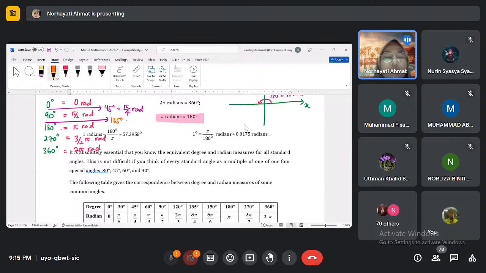Okay, 135 degree is equal to, maksudnya sekarang ni pi tu setengah tu, half we divide to 4 parts. Okay, 4 bahagian. So 4 bahagian. Setengah adalah pi. Tiga per empat. 3/4 pi, pandai. 3/4 pi radian.